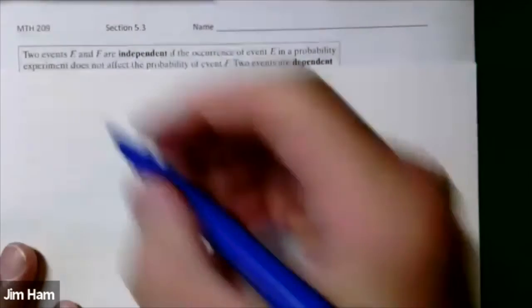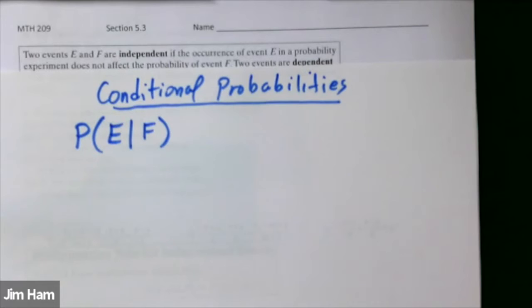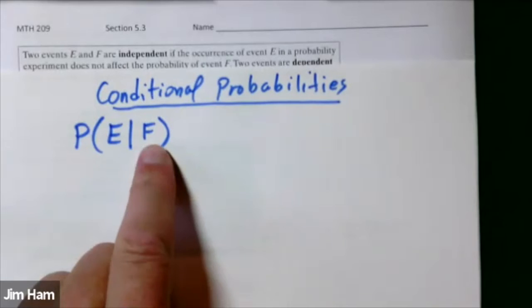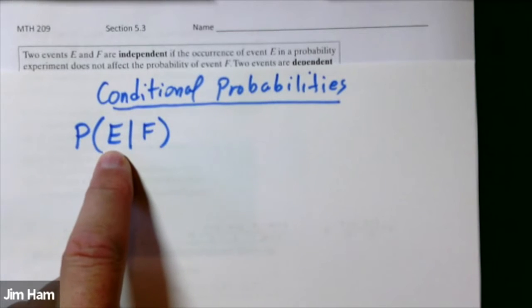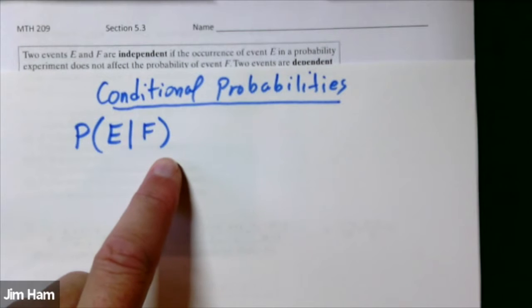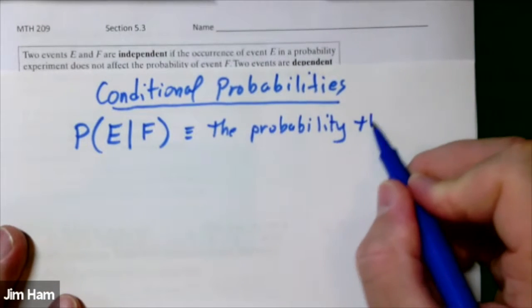The tree diagram will work, but I need to talk about conditional probabilities. We're going to write it this way: the probability of E, then a vertical line, that means given, and then F, given that F has already occurred. So in our example, what's the probability of getting a 3 given that a head came up on the coin toss? And I'm going to write it out in words.